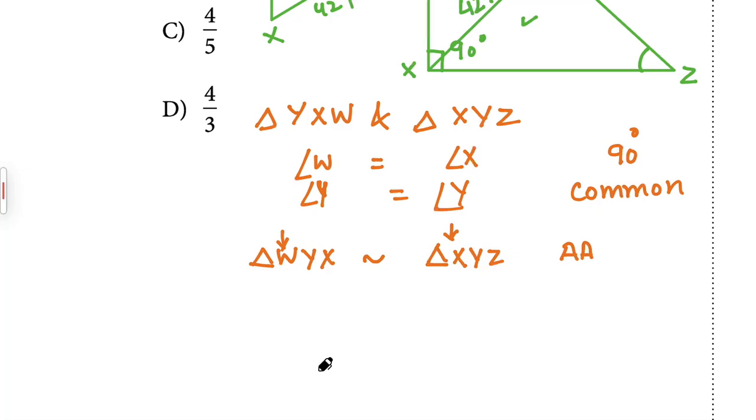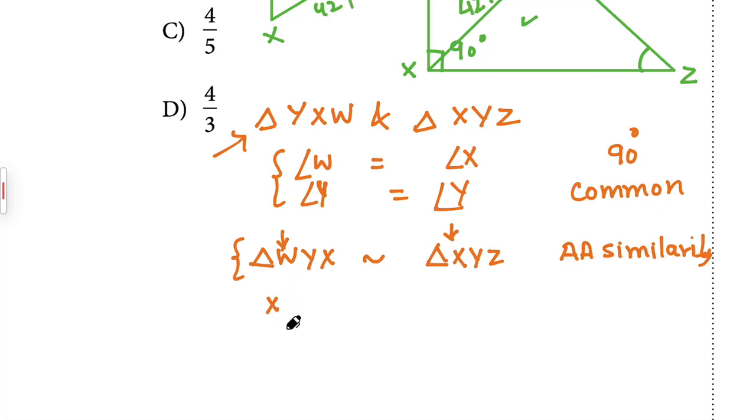Okay. Now I will write ratios. Once the similarity is written, this is the similarity, right? So first step, choosing the two triangles. Second step, what angles we can make equal to make them similar. Third step, how to write the similarity. Fourth step is now we will write the ratios.